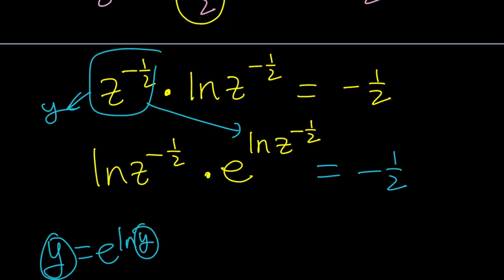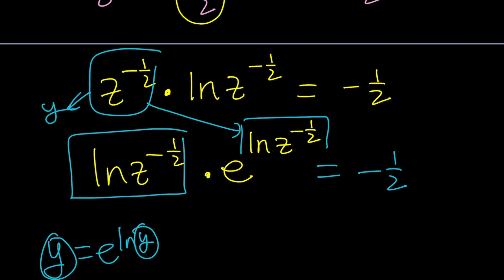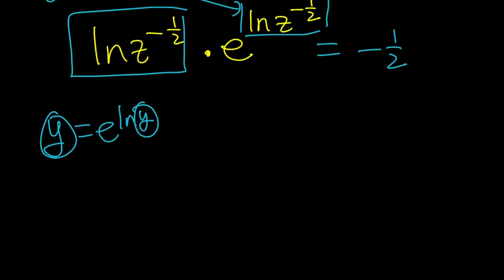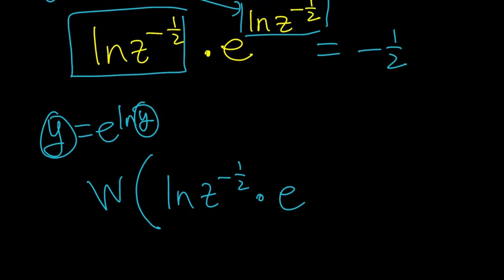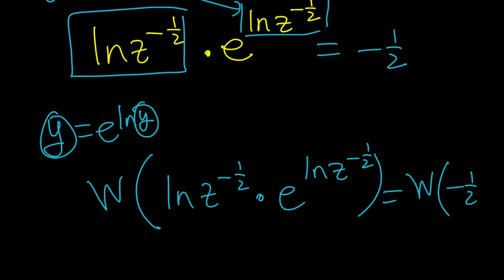Awesome. Now, this is my t, and this is my e to the t. You got it? So, when you apply Lambert's W function on this, W of ln z to the power -1/2 times e to the power ln z to the power -1/2, and of course you have to apply it on both sides, is going to give you this only, because that's my t, right?